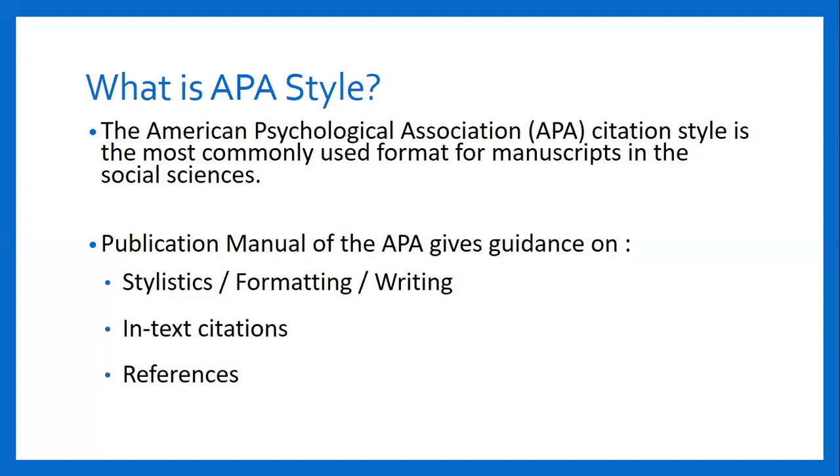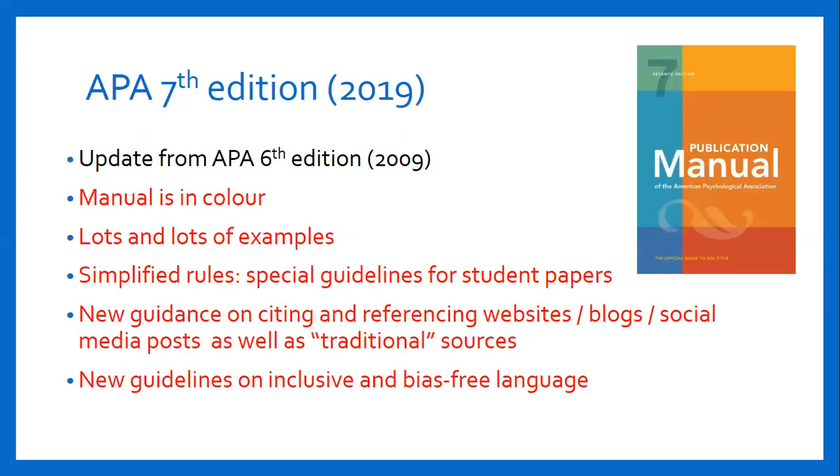In October 2019, a new edition was published with lots of new features and updates. In particular, it's in color. That's a big change. And the different sections are color coded, so it's easy to flip to the section you're looking for.